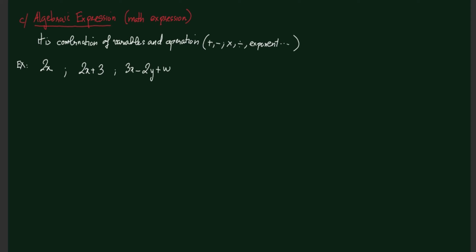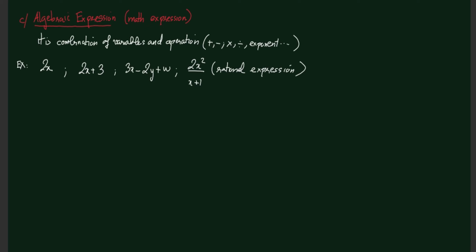This is all a mathematical expression. Or it could be something like 2x squared over x plus 1. This is also a mathematical expression. This is a very special mathematical expression. Sometimes we call it a rational expression, because there's a fractional bar right here. But this is also an expression. They are all mathematical expressions.